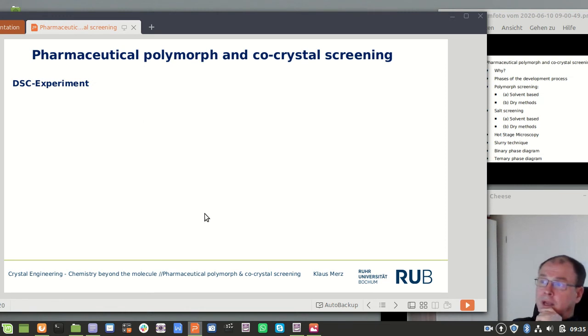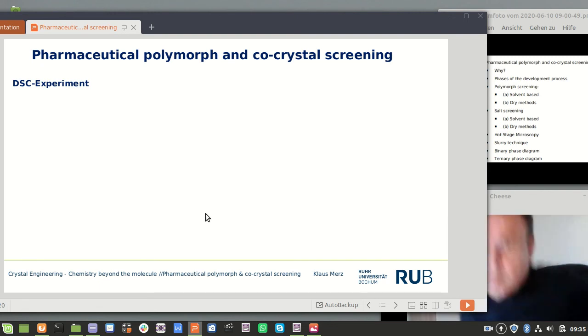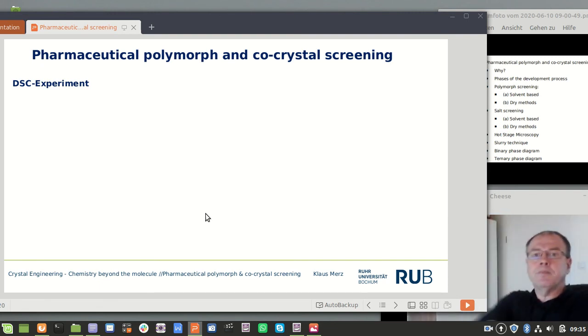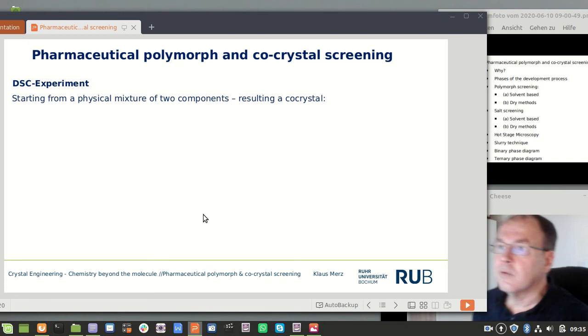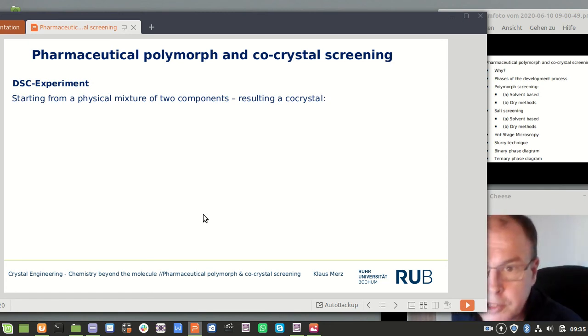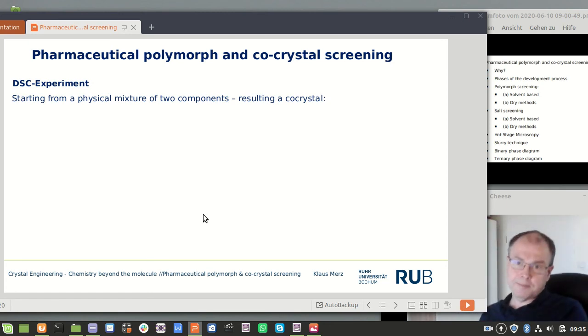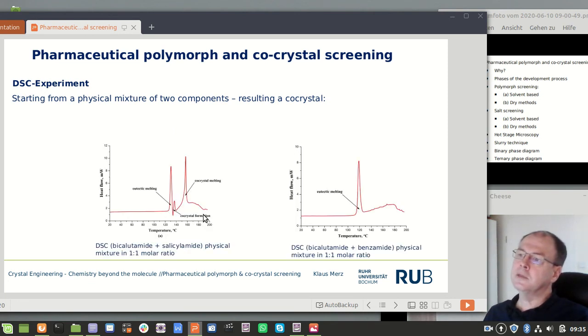Not only characterization and learning more about the crystallization behavior, you can also use this technique in screening tasks. For example, we start from a physical mixture of two compounds and look at what happens. Here are two different examples.